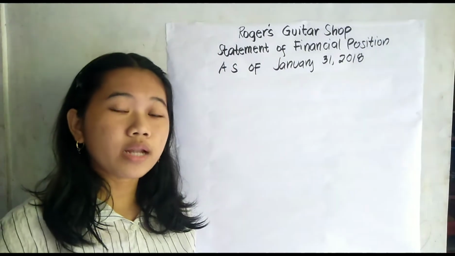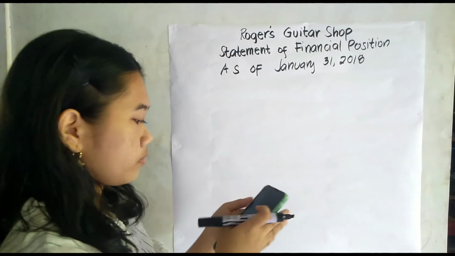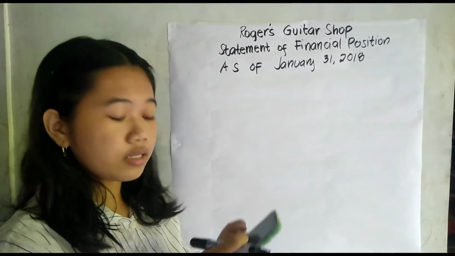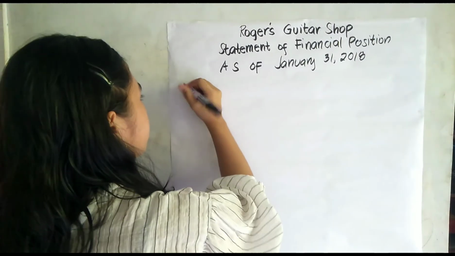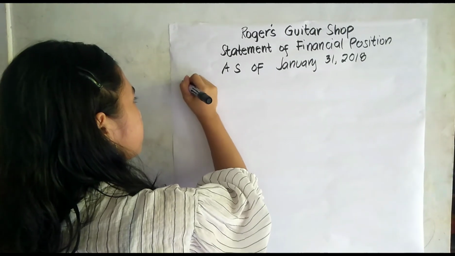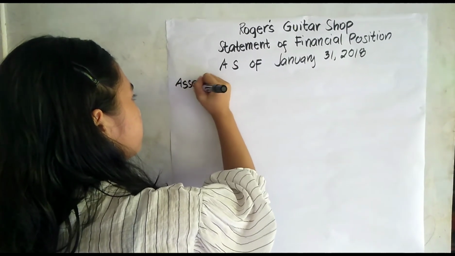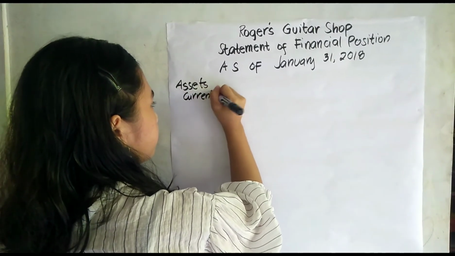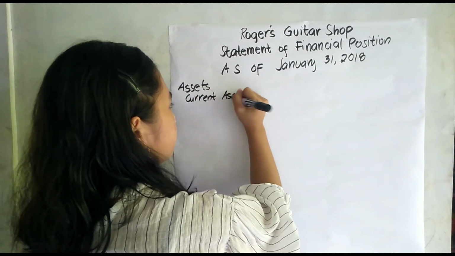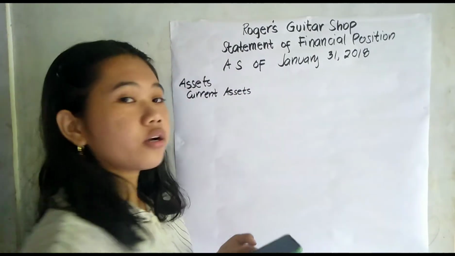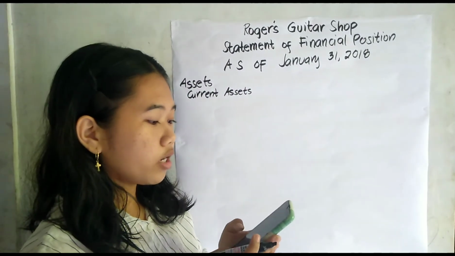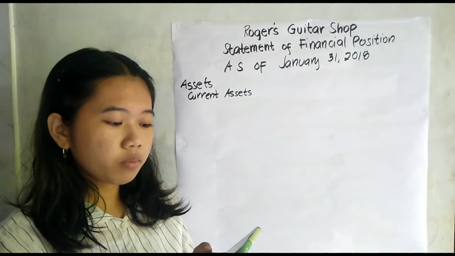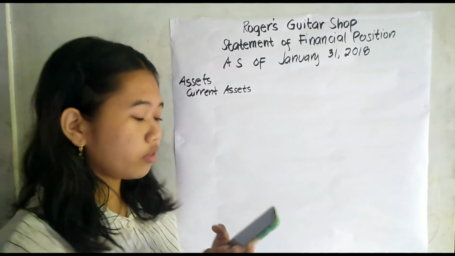Next is we have to classify them. The first is the current assets. The current assets in the given are cash, accounts receivable, prepaid rent, and inventory.